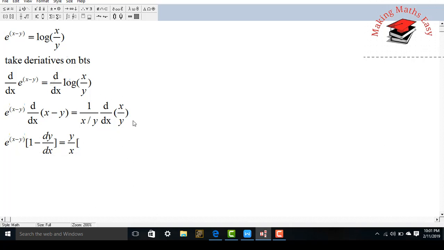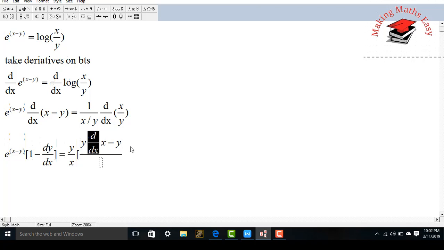So this formula we take into consideration. First, v into the derivative of u, d upon dx of x, minus x into the derivative of y, divided by y square.